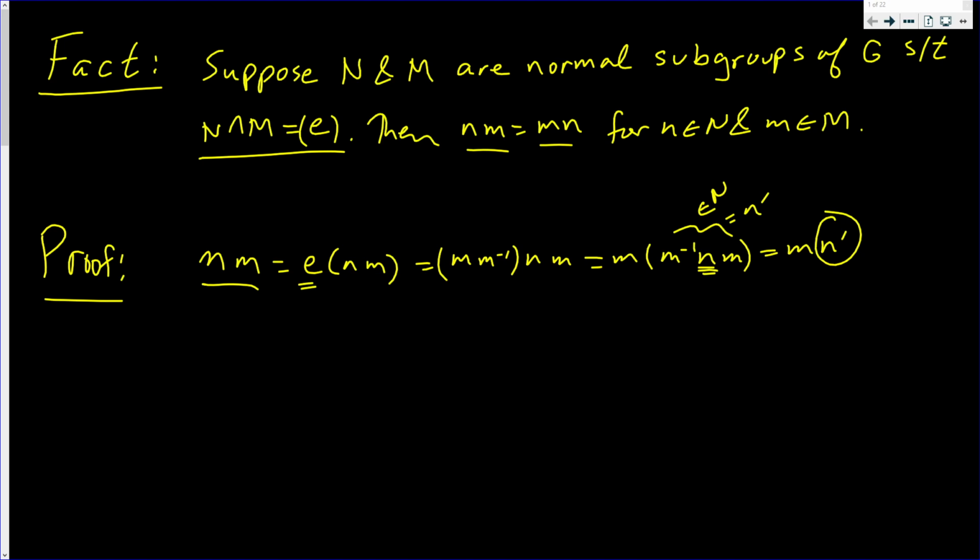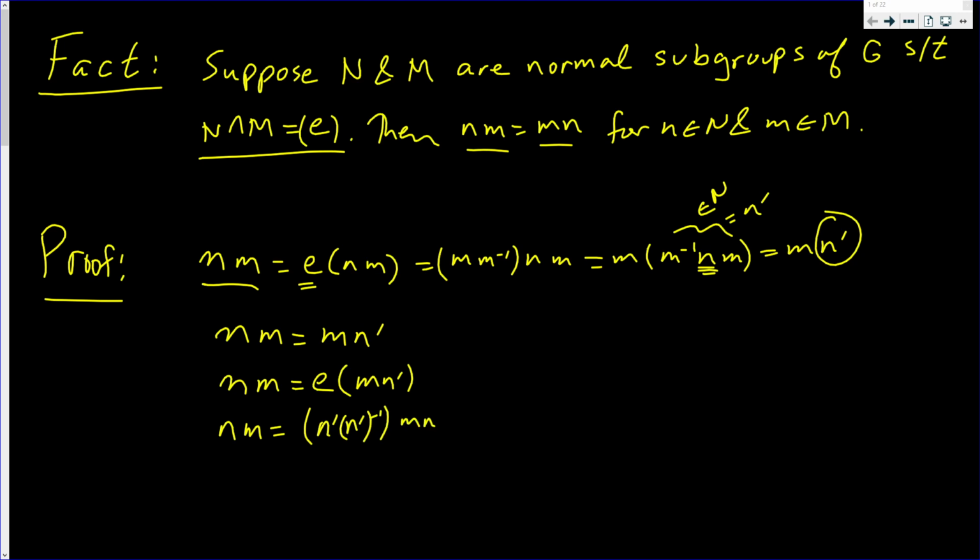Okay, so now, like I said, we know that nm is m times n prime. Well, this is nm times E times m n prime. Now, we're going to replace the identity element with n prime times n prime inverse, and we're going to use the associative law.